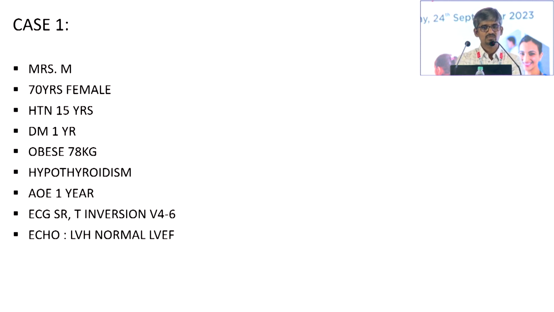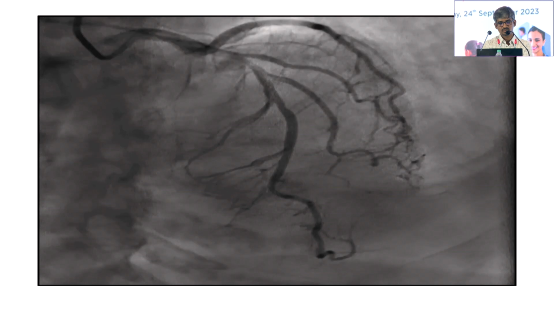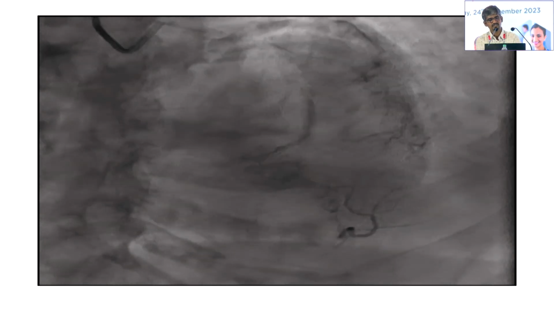So this is case one, Mrs. M, a 70-year-old female, long-standing hypertensive, 1 year of diabetes, obese lady. She presented with effort angina for 1 year, and ECG shows sinus rhythm with T inversion in V4 to V6 and normal LV function. Angiogram shows a borderline LAD lesion in the mid segment.